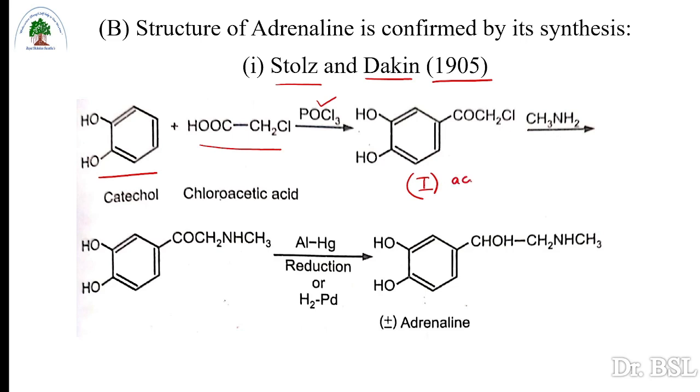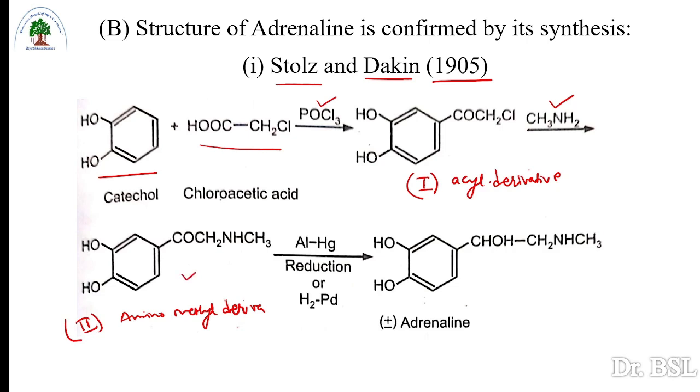This is the acyl compound COCH2Cl. Further, this acyl derivative reacts with methylamine to give this aminomethyl derivative. Let us call it the second intermediate.